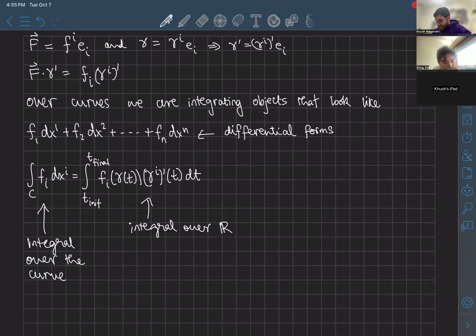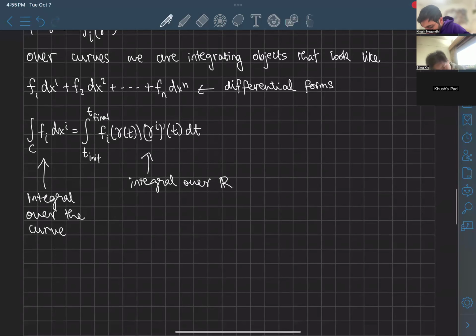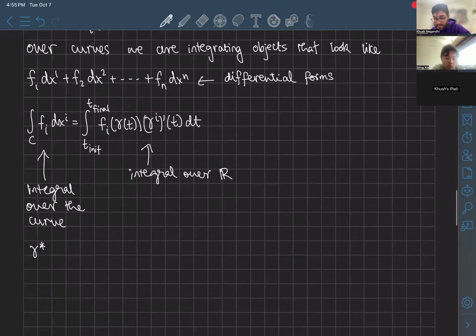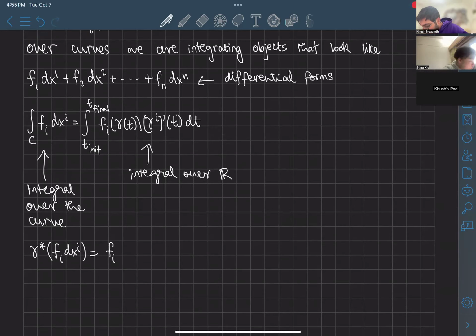So the way we'll write this for notation is we'll put this small star. Here, gamma is the parameterization of fi dxi, and this is going to be fi of gamma of t d gamma i.